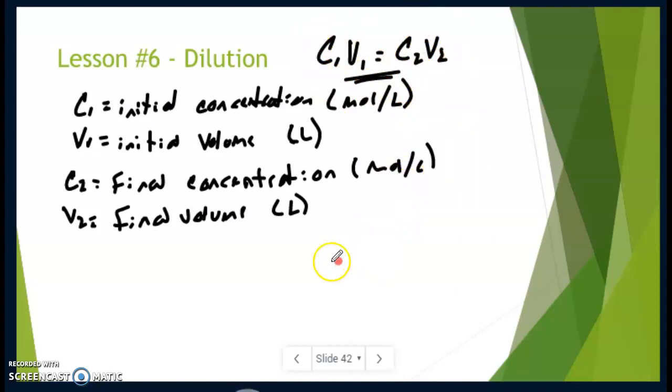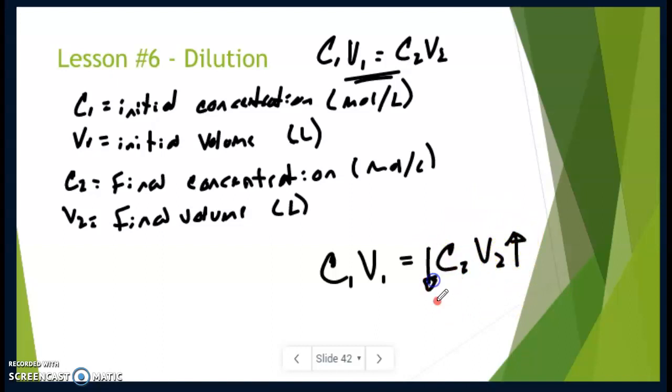One thing we can analyze: if we have C1V1 equals C2V2, and you have your initial concentration and volume and all of a sudden increase the volume, we have an inversely proportional relationship. If you increase one of them, the other has to go down as a result.